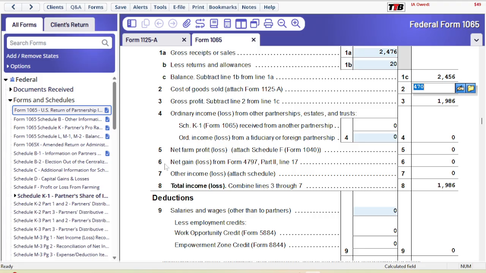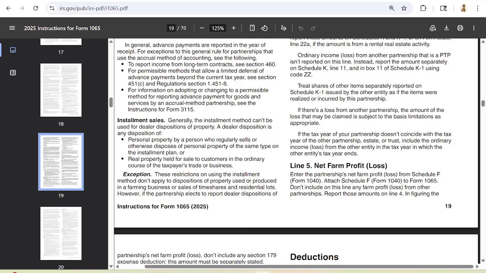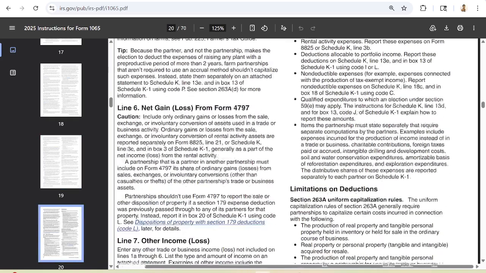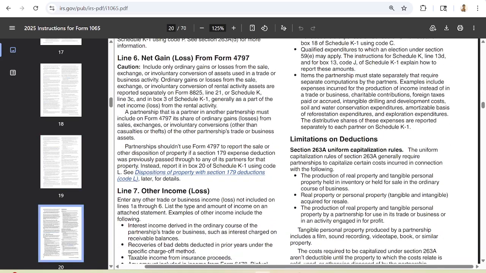Net gain or loss from form 4797, line 17 will go on line 6. So I think those are more like if you sell assets. So we are going to go to this area to see if we can find line 6 here. So that is the sale or exchange conversion of assets.